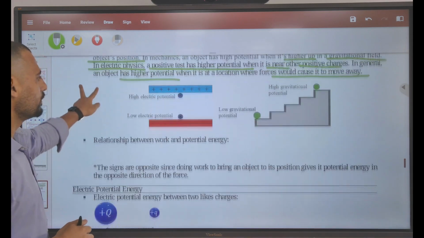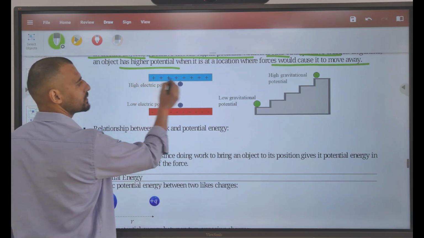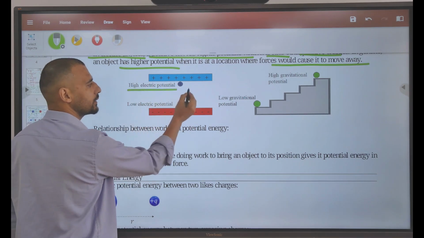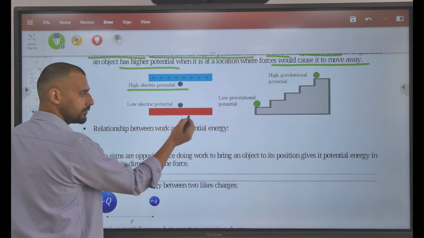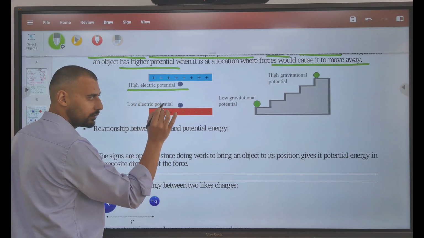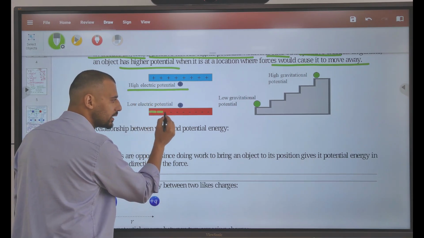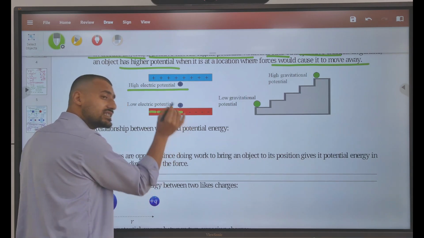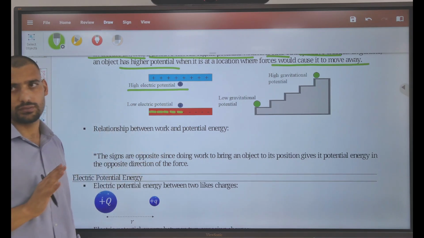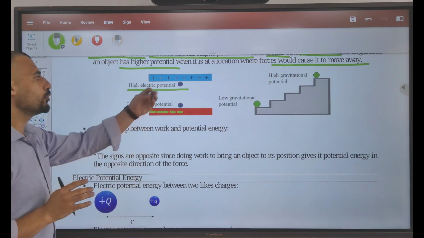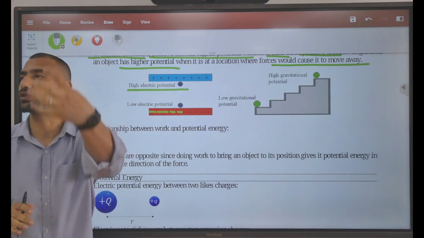For example, we talk about the positive charge. There are positive charges, we say that the electric potential is high. And for the negative charges, very important thing, the negative charges are here. Now this is a higher but negative potential, not the positive potential. I am talking in the language of the positive charges.